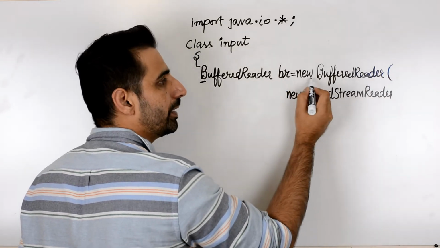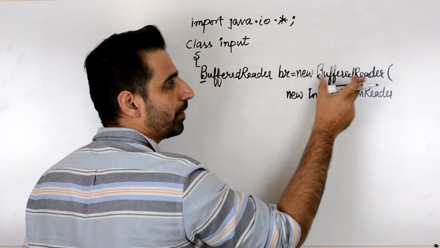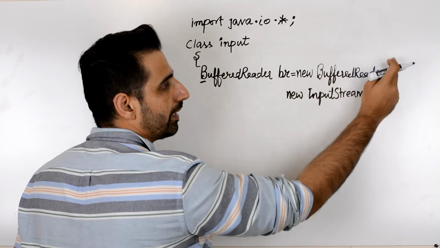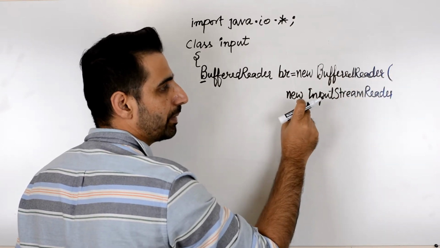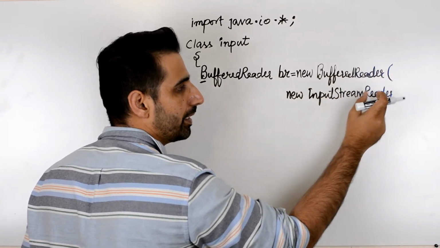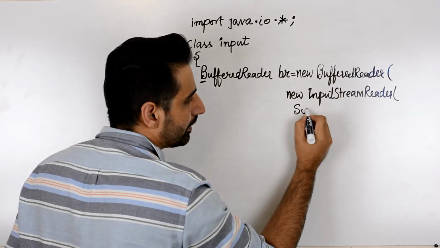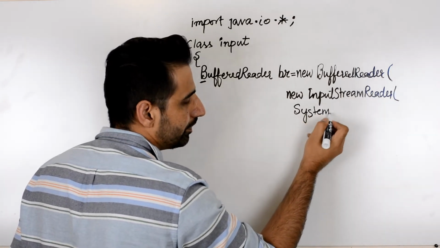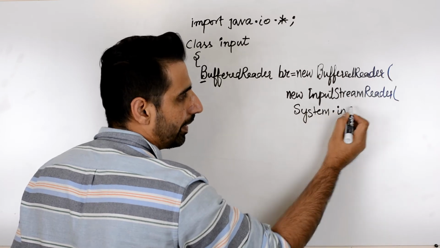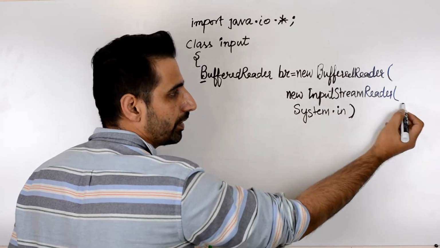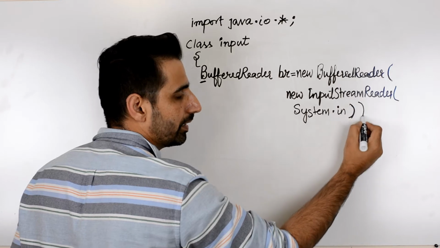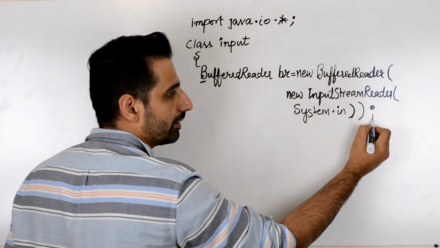That means after new there will be a space, then BufferedReader without any space, then bracket, new, and again a space, then InputStreamReader, then again a bracket, and then System.in. Here we close the first bracket, that is our InputStreamReader, then we close the other bracket, then we put a semicolon.